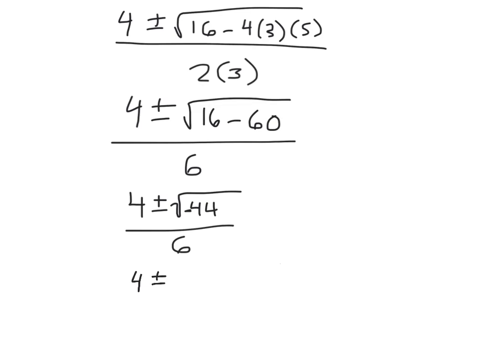You have 11 and 4. Right? And what else do we have under there? We have a pair of 2's for the 4. So it becomes 4 plus or minus 2i square root of 11 over 6.